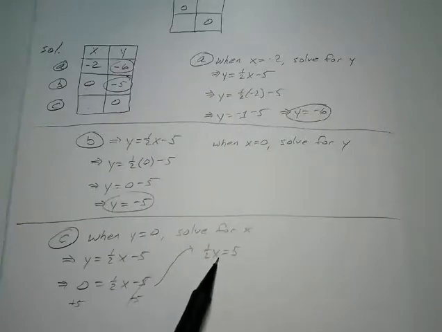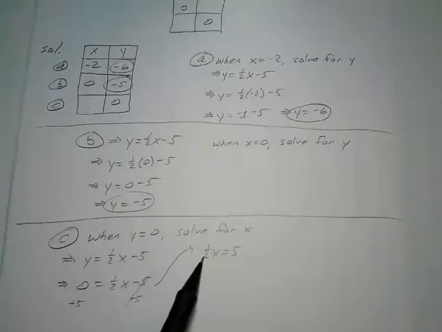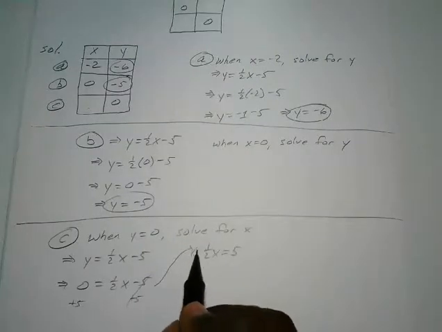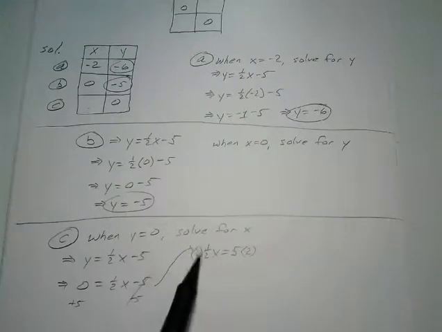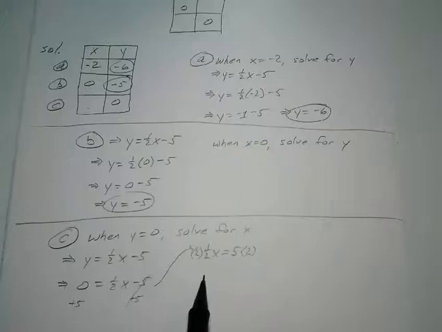So we have 1/2 times x. We have to multiply 1/2 times its reciprocal, which is 2, in order to get the x by itself. If we multiply both sides by 2, these 2's cancel each other out, which is 1. So we have 1 times x, so we have x equals 5 times 2, which is 10.